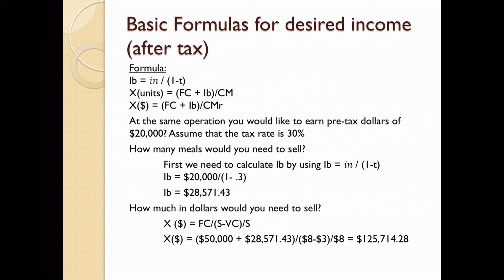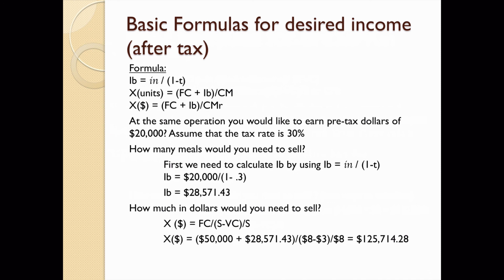$125,714.28. So again, what we did is we actually had to first calculate our IB. We did that by taking our desired income of $20,000 and dividing it by 1 minus the tax rate, and we got $28,571. And then we plugged that into the formula.